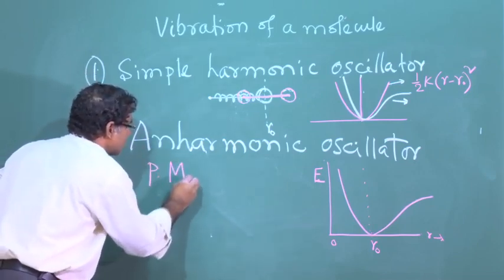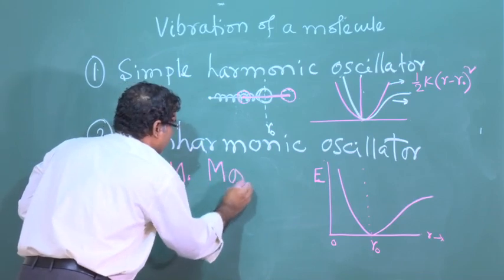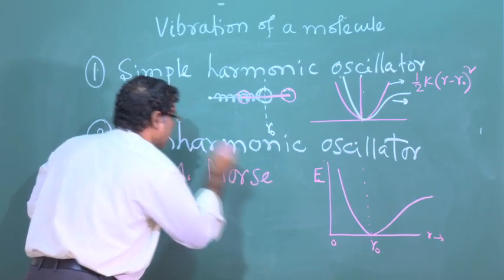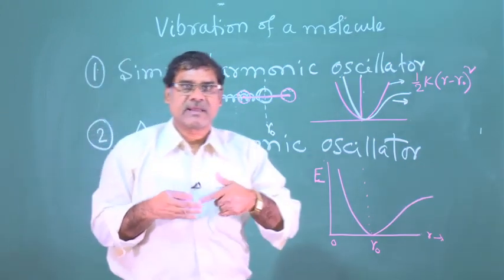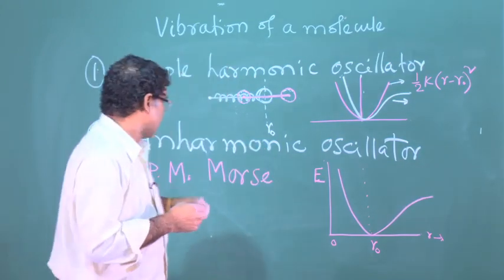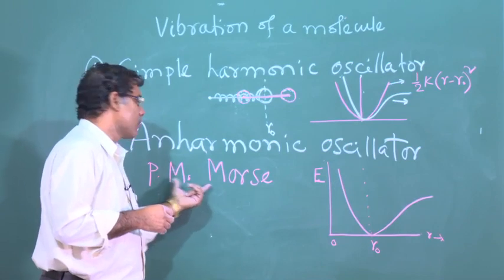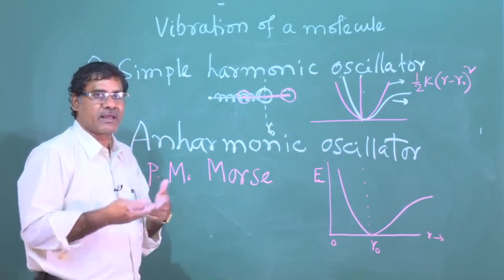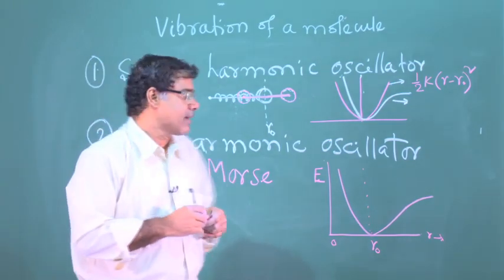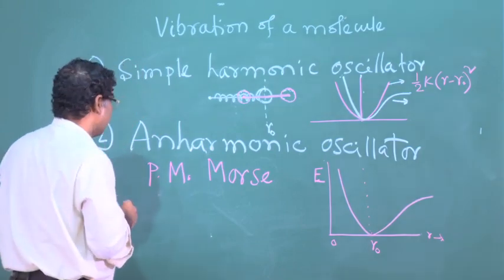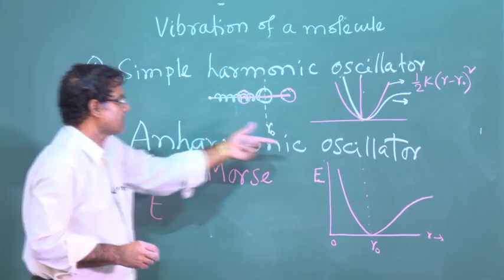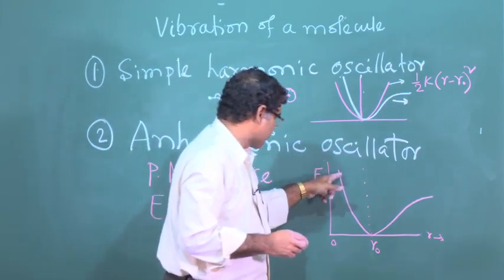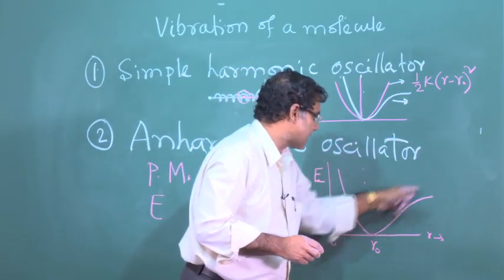Fitting the experimental curve, P.M. Morse deduced an empirical formula and gave this potential energy for the anharmonic oscillator, which follows this curve.